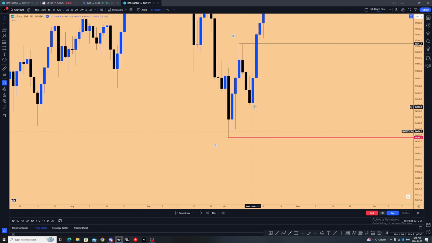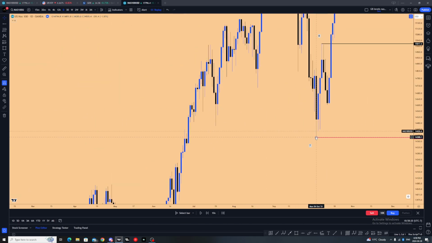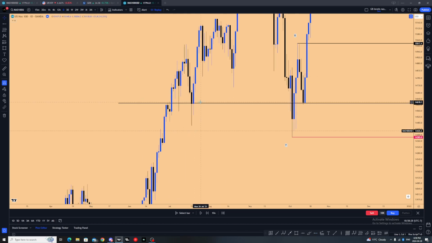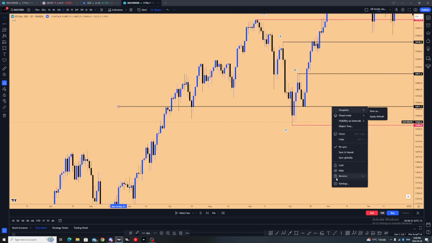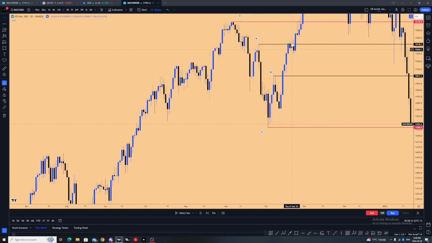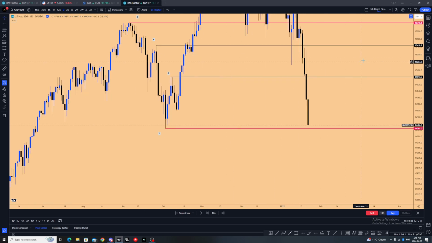There is no SR level here. This is the SR level. This is not an SR level. If I were to make this a level, there is no SR. That's just middle of nowhere, right? So that's why not every down candle with an upward movement is an order block. That's an example for you to learn.